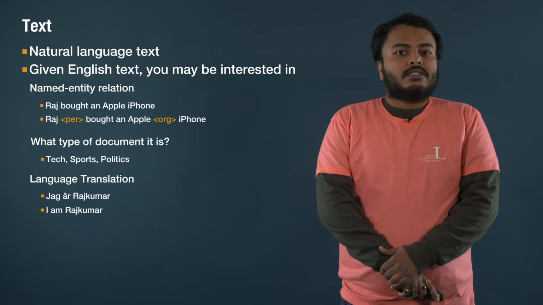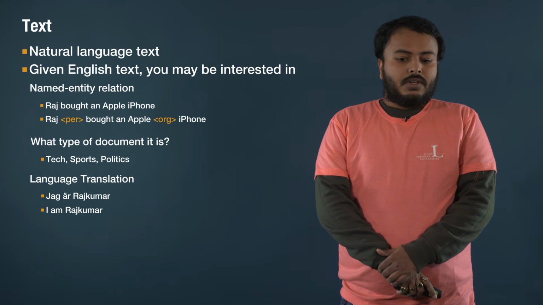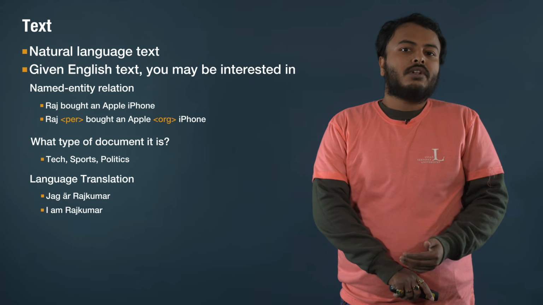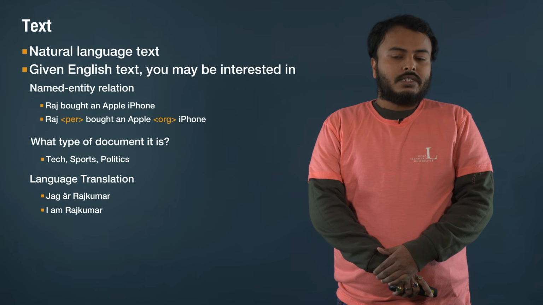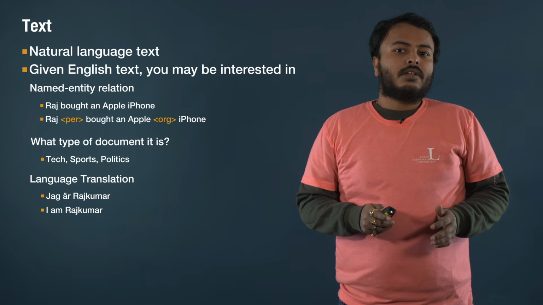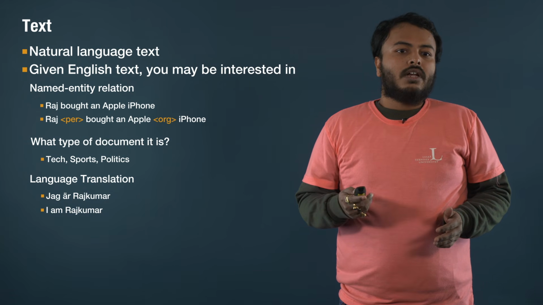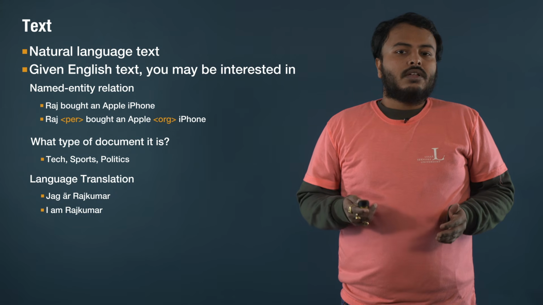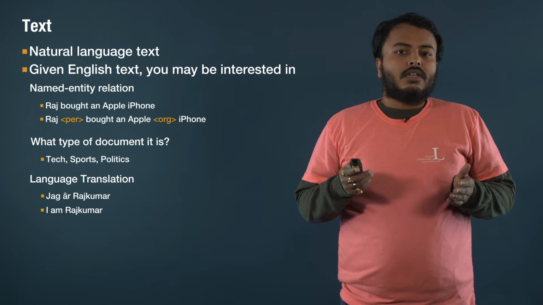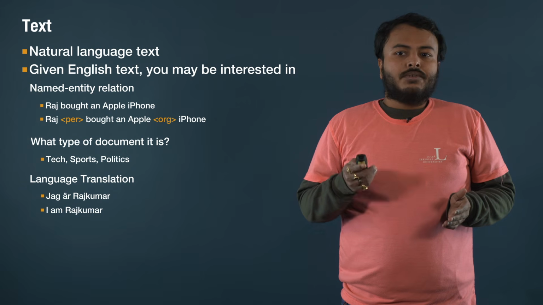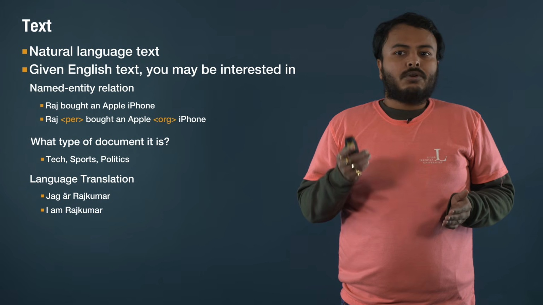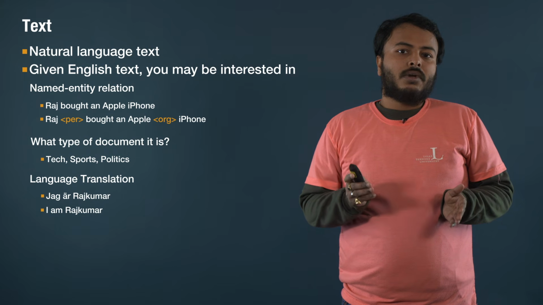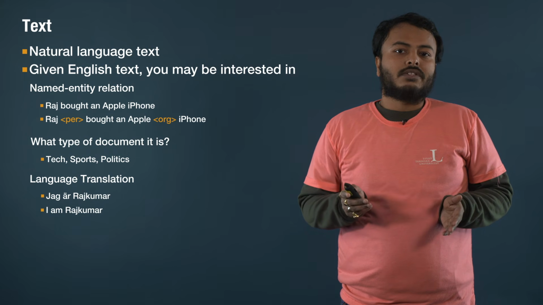Then comes next is text. So the main application is related to natural language processing. In the text data, we have some data, for example, in English, and we have some objectives. For example, we need to find what are the entities in the text. If I give you the sentence, Raj bought an Apple iPhone, so Raj would be a person and Apple will be an organization.